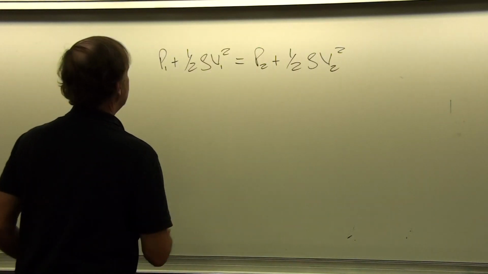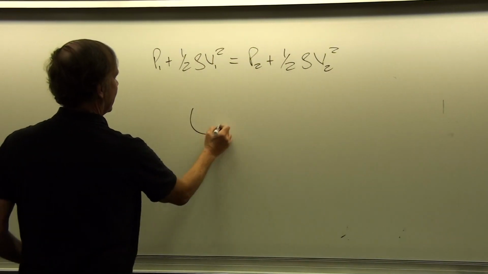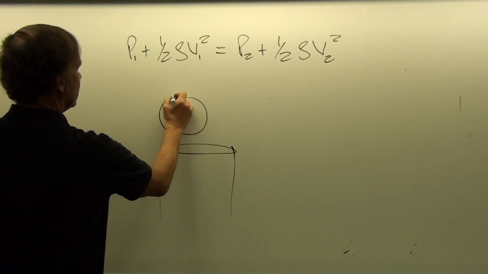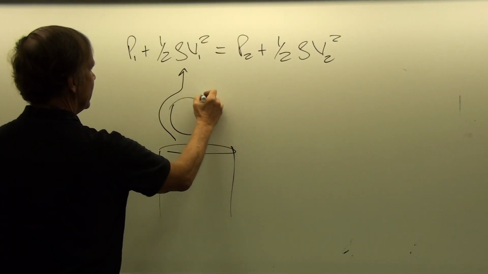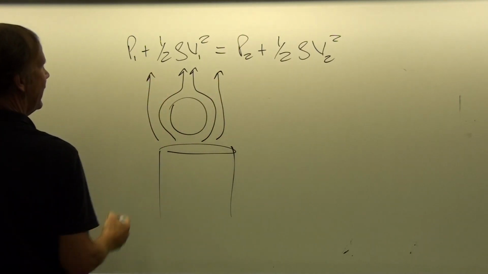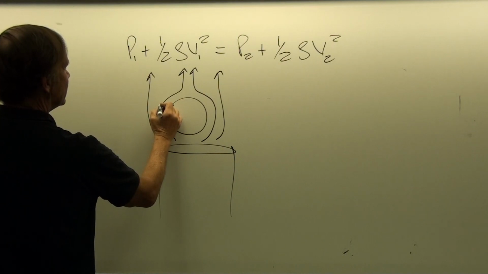Okay, and so if we've got a ping pong ball and here's a bunch of air coming out, what's going to happen is that the streamlines of air nearby to the ping pong ball are going to be traveling faster than the air that's farther out.